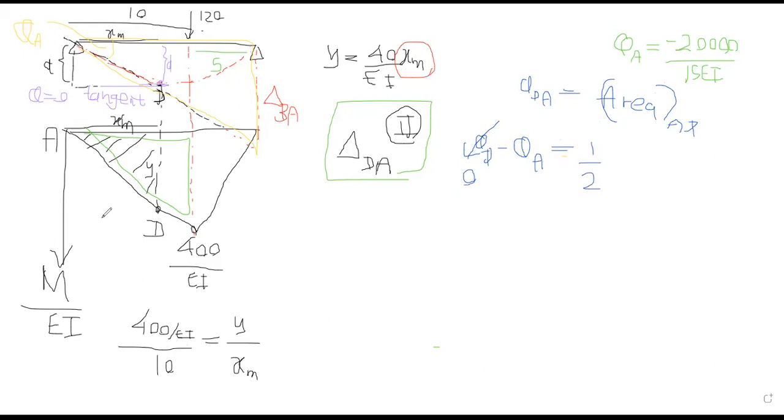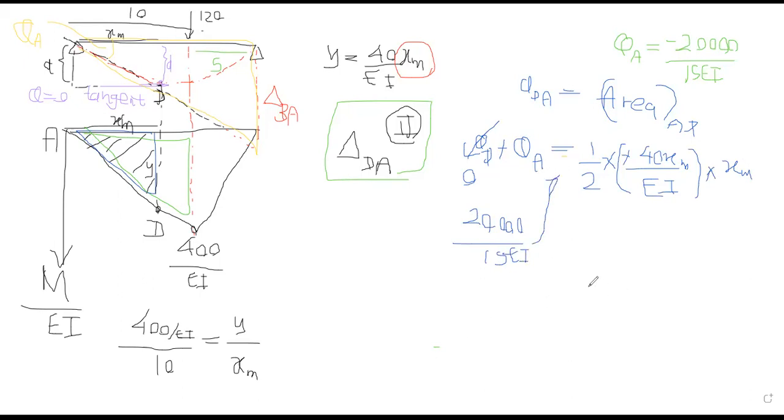Area is negative. So half minus, this triangle between D and A, that height is 40 xm over EI, into xm. So the negative value cancelled, and theta A is 20,000 over 15 EI, right?